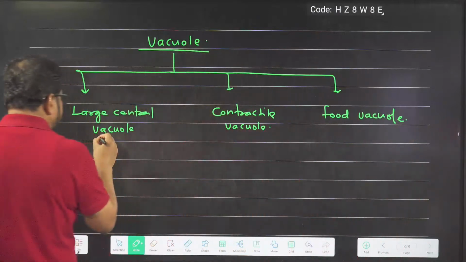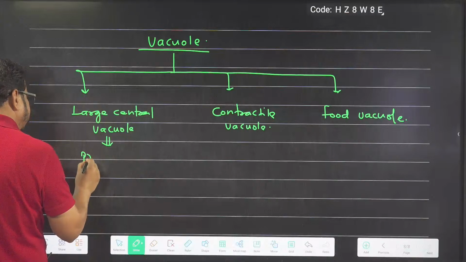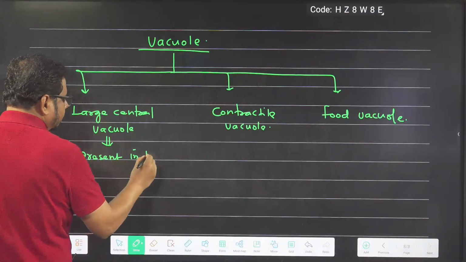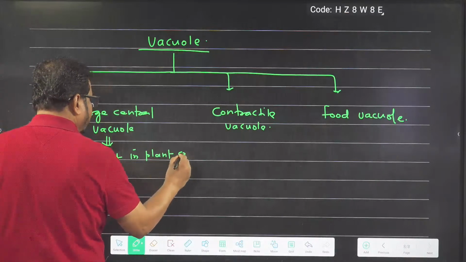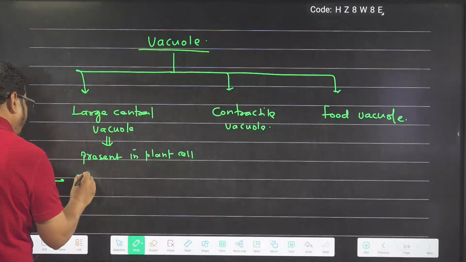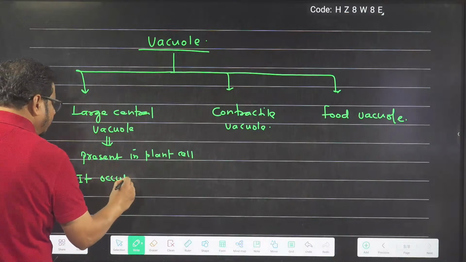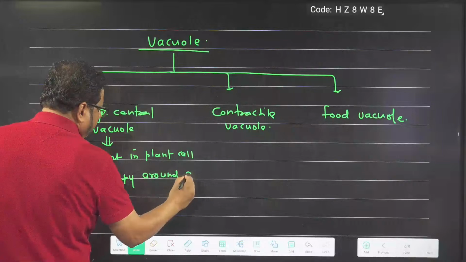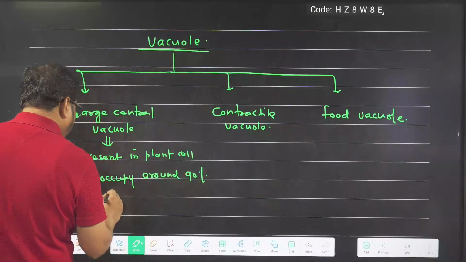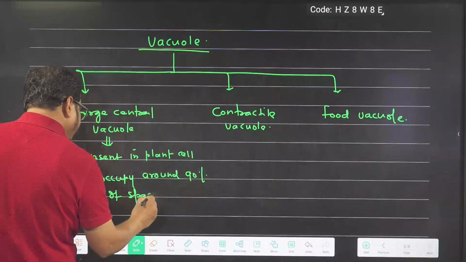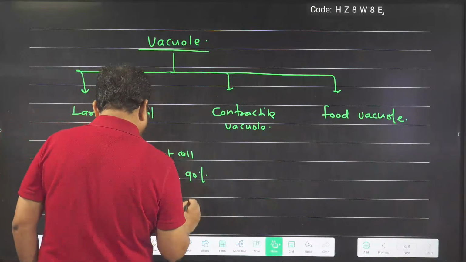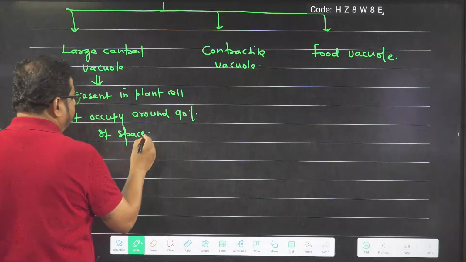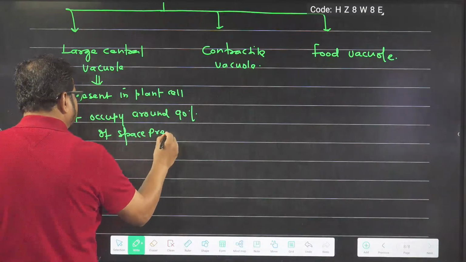So large central vacuole is present in plant cell, and it occupies around 90% of space. Got the idea? It occupies around 90% of the space present in plant cell.